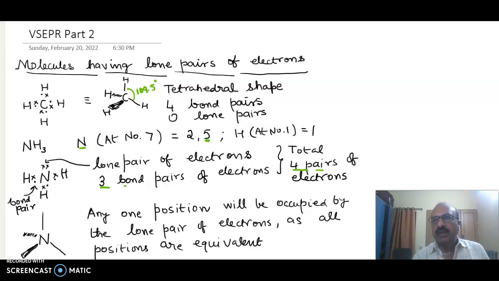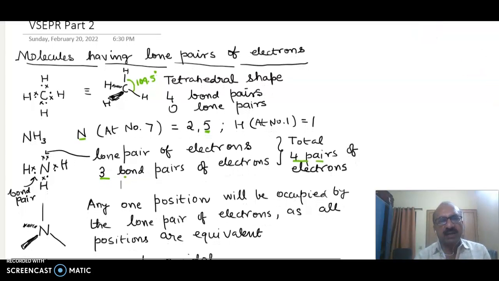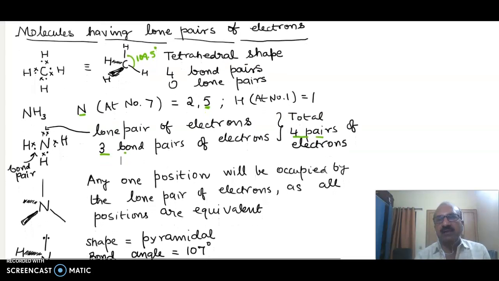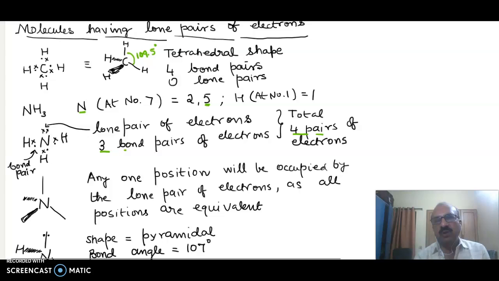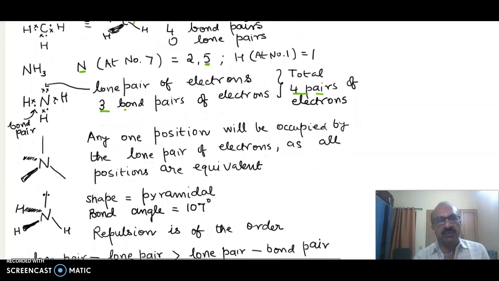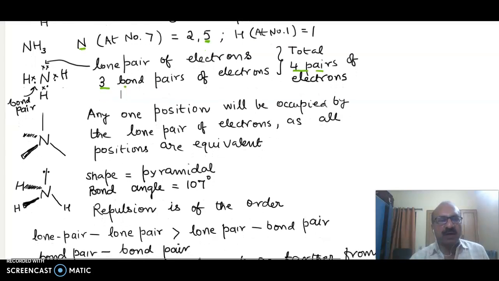So how are we going to determine the shape of this molecule? We begin with the tetrahedral arrangement, because there are 4 pairs. Irrespective of whether there are lone pairs or bond pairs, there are 4 pairs. So I have arranged the 4 electron pairs in the shape of a tetrahedron, 1, 2, 3, 4.